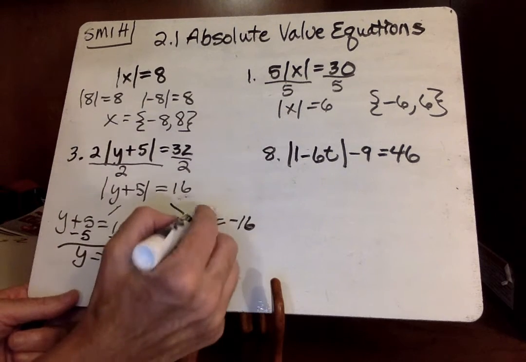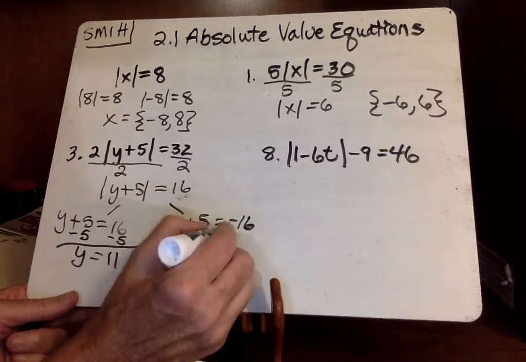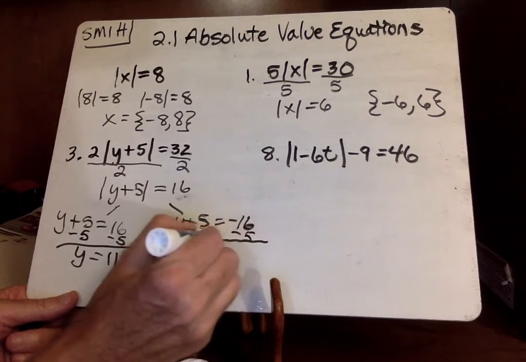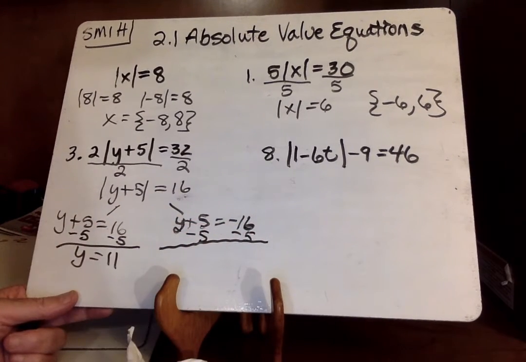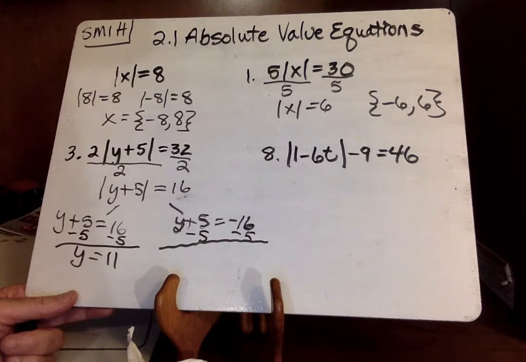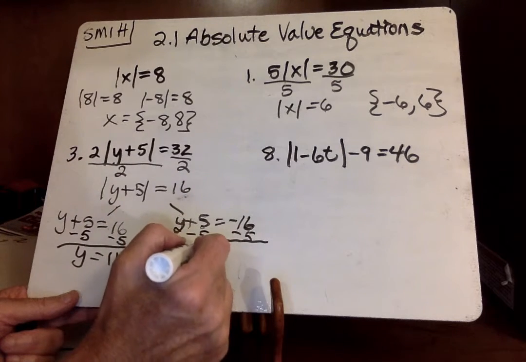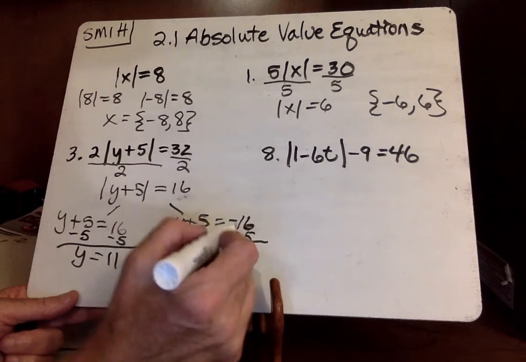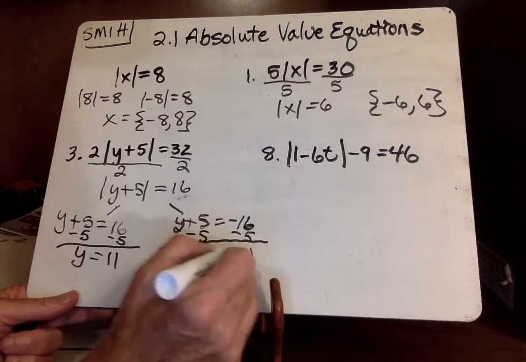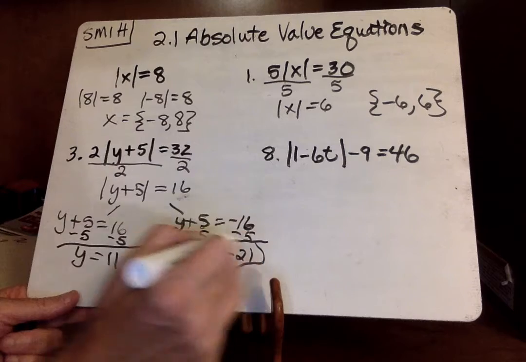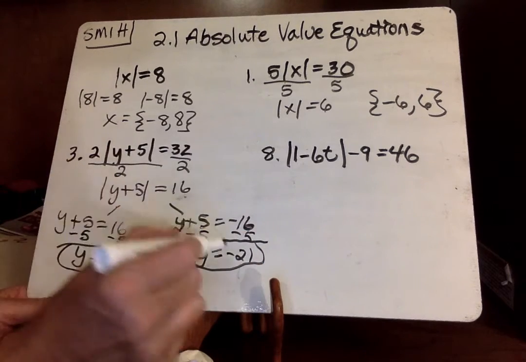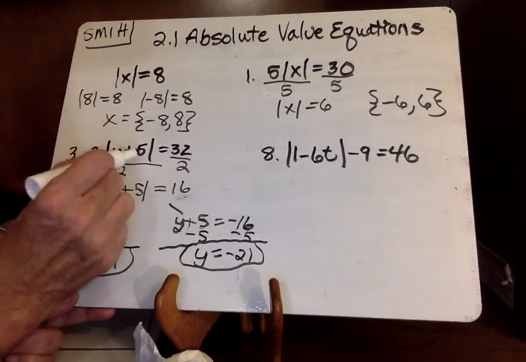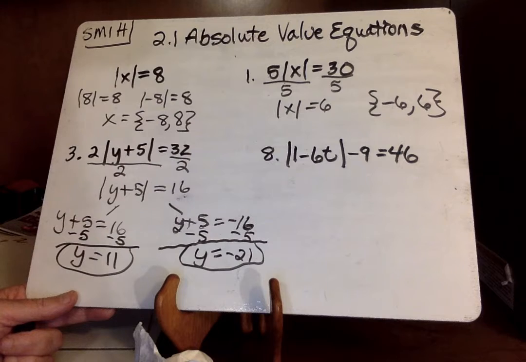Okay? Now we'll try this one where we go minus 5, minus 5. Don't assume that they're both going to be the same number, like 11 and negative 11, because it's not going to be that. Y equals negative 16 minus 5, which is negative 21. So if I put that back into the equation, negative 21 plus 5 is negative 16.